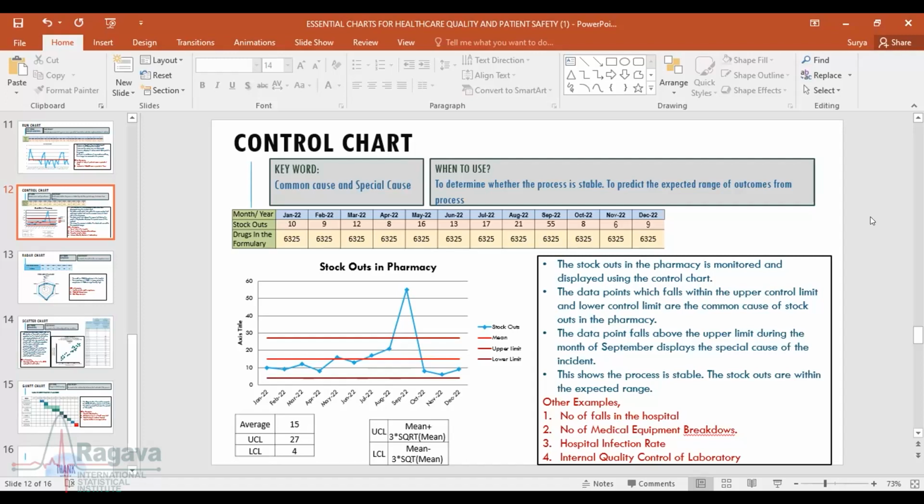But the thing is, limited knowledge with everyone, and even if one presents, how to interpret is the most important thing. Even if we make a control chart, as Surya is saying, suppose we have 12 months data of the total number of falls. In one month we have 4 falls, and in the other 3-4 months it was only one fall each.